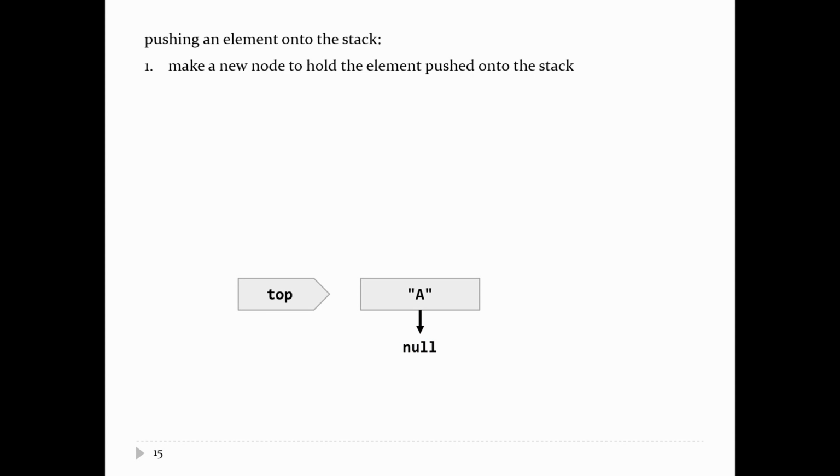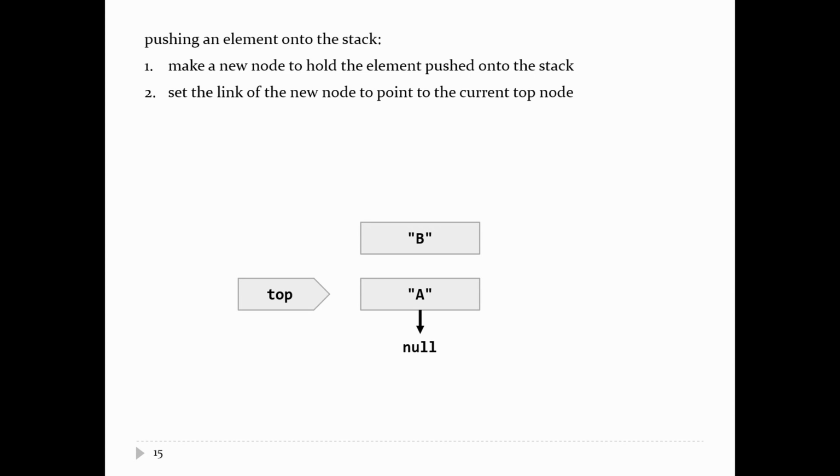So when I push an element onto the stack, if I'm going to use this representation, what do I have to do? Well, I need a new node to hold the new element. So there's my new node. I need to connect that node to the existing node that's on the stack. So set the link of the new node to point to the current top node.